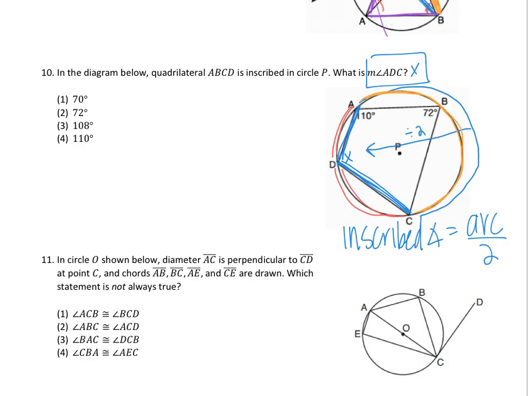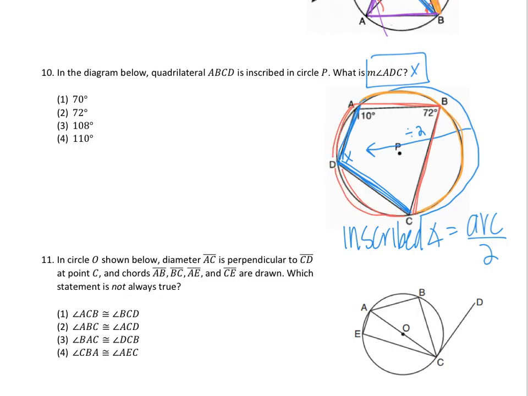So maybe if we can find the red arc, then we'll be able to find the orange arc, and then we'll be able to divide by 2 to find our angle X. So if I take a look at the red arc and follow its sides back into the circle, this helps me follow into angle B. Do you see that here? We have angle B opens up to arc ADC here in red.